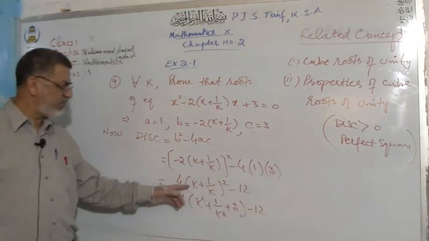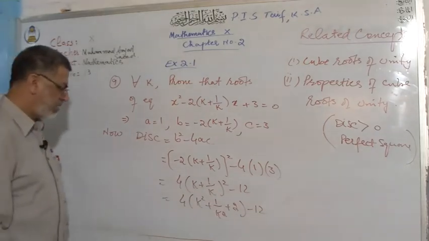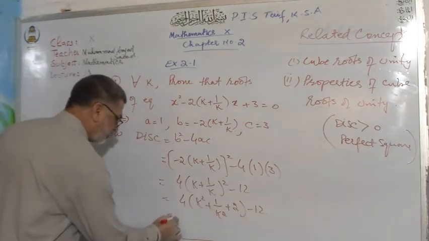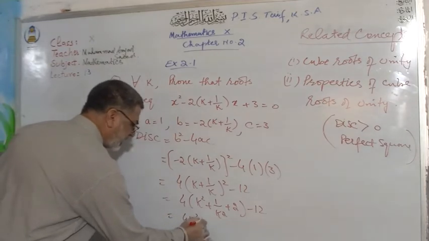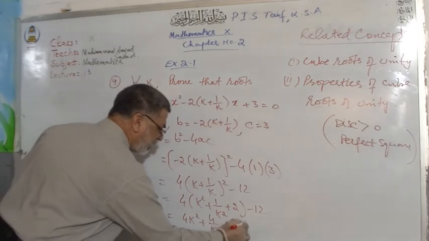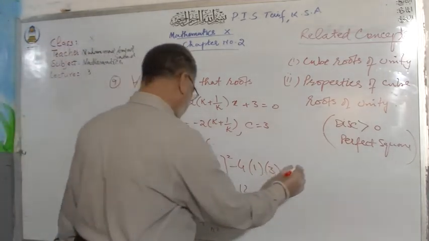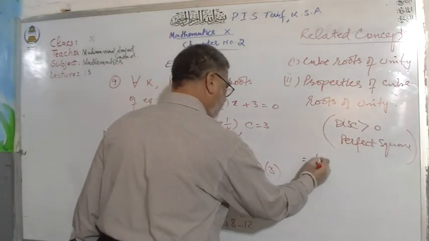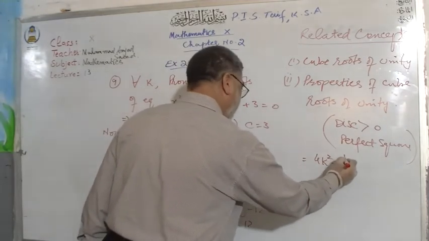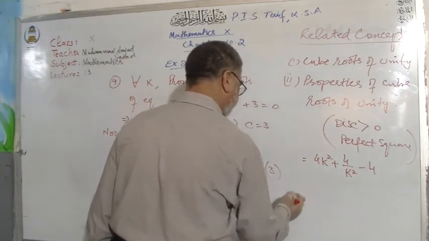We have opened the formula a square plus b square plus 2ab. So we can have 4k square plus 4 over k square plus 8 minus 12. Dear students, we have 4k square plus 4 over k square minus 4.